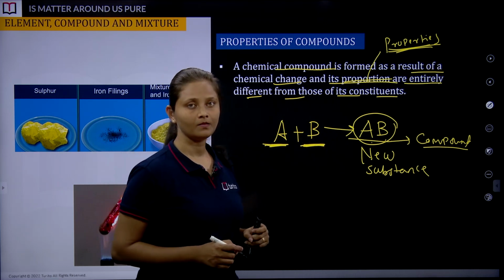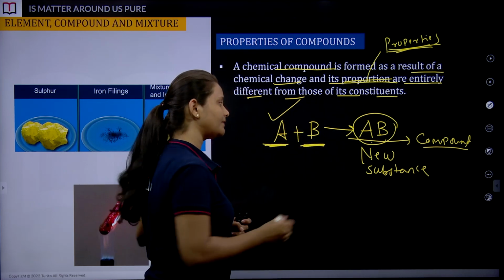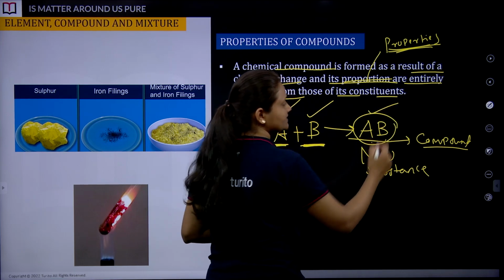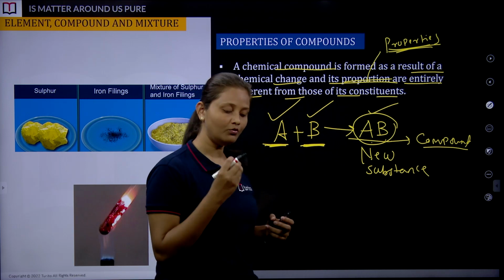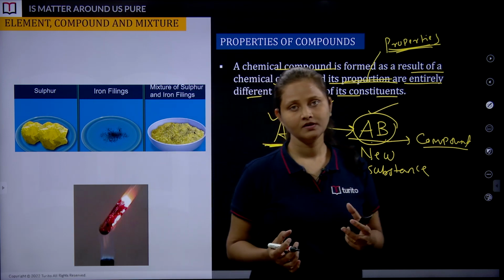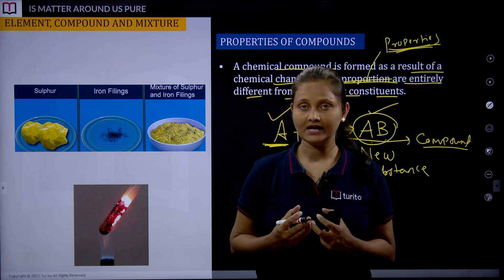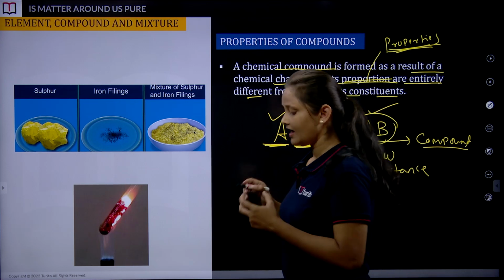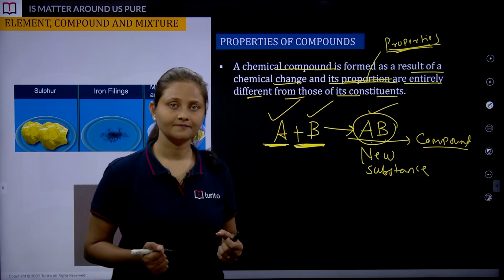So A has its own set of properties, B has its own set of properties, and AB as a compound has its own set of properties. Whenever a compound gets formed, generally its properties are not similar to those of the reactants. So there are differences in their properties.